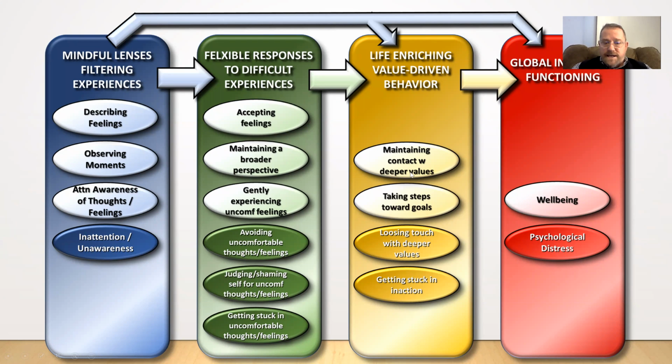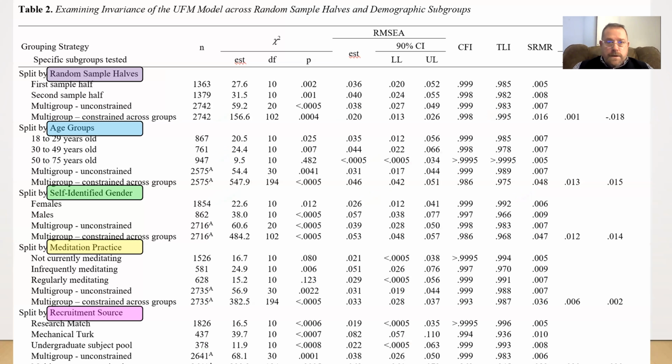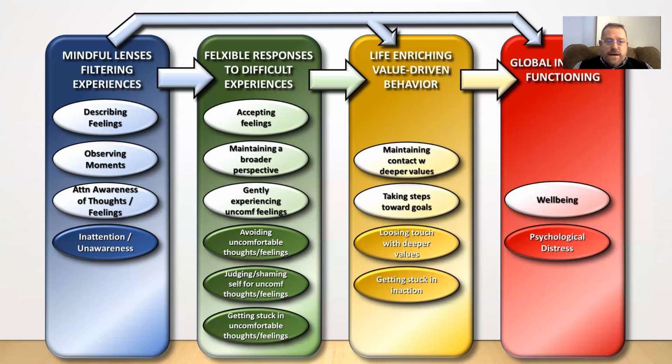So, maintaining contact with your deeper values and continuing to take steps toward goals, even when life kicks you in the shins or gets you down. And then these value-driven behaviors would drive individual functioning, global functioning. So we tested that model, and I'll show you the model results.